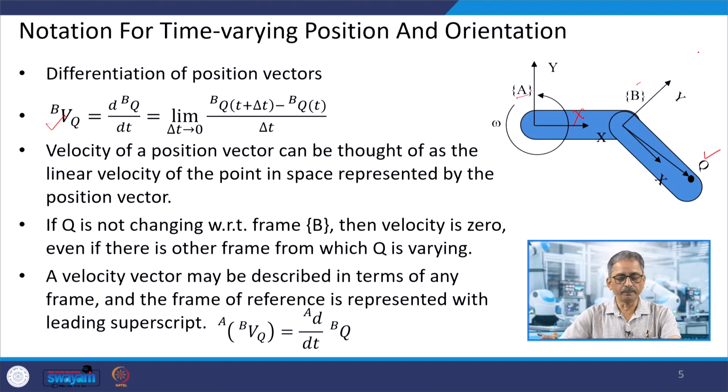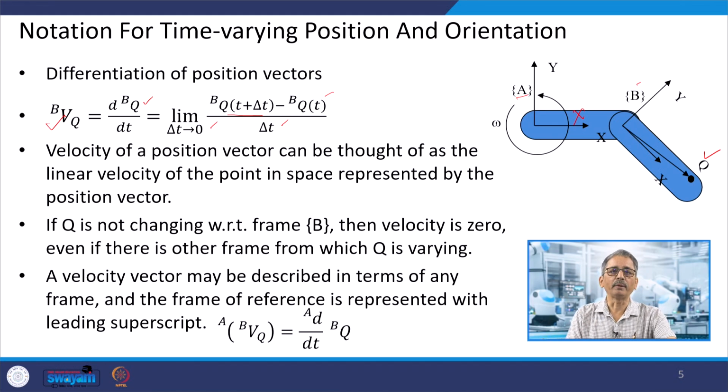Suppose we are interested in differentiating this vector q, which is there in frame B, and essentially we want the velocity of q with respect to frame B. What we have to do is find this vector at time t plus delta t, subtract this vector, divide by delta t, and take the limit with delta t tending to 0.